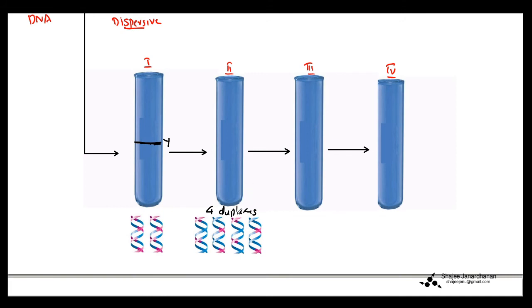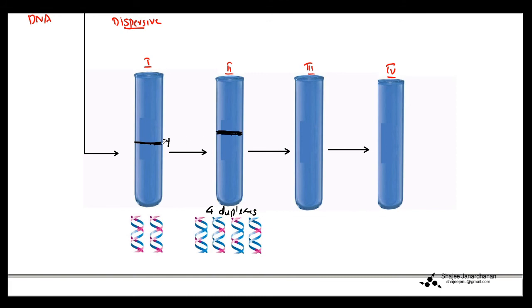So what you find here is that the 4 daughter duplexes will still contain the N15 from the parent as well as the N14 from the nascent, but the amount of nascent DNA definitely would have increased for the second generation. So you are going to get still a hybrid band, but the density of the hybrid band is not the same as the first generation because they have incorporated more N14.